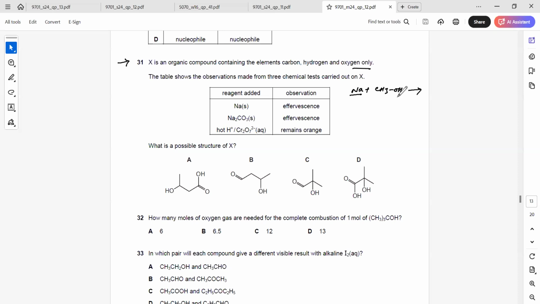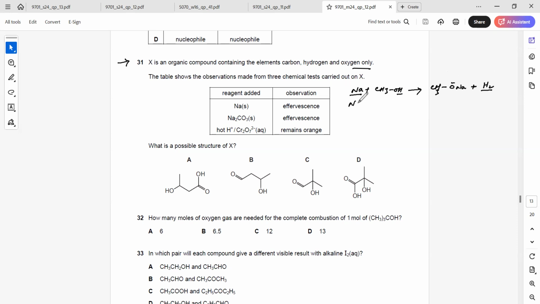So that can displace hydrogen from an alcohol. So it will give us sodium alkoxide along with hydrogen gas. So effervescence will be produced in this case.